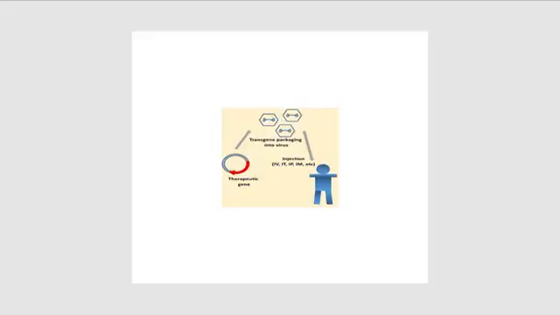The normal functional CFTR is delivered into the lungs using a thin tube through the nasal passage. The virus will infect the lung airway cells and insert the normal gene into the cell's DNA. Delivery of the functional gene will code for the functional protein and carry out the normal functions.